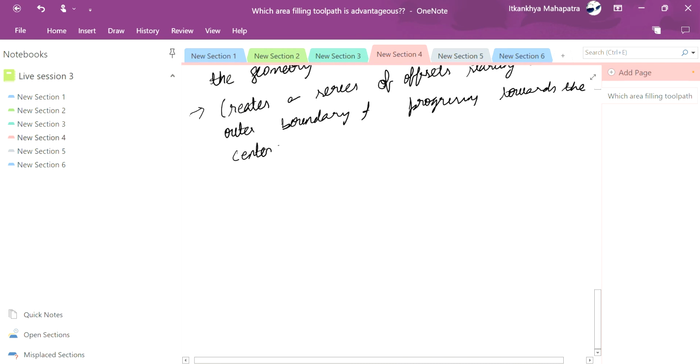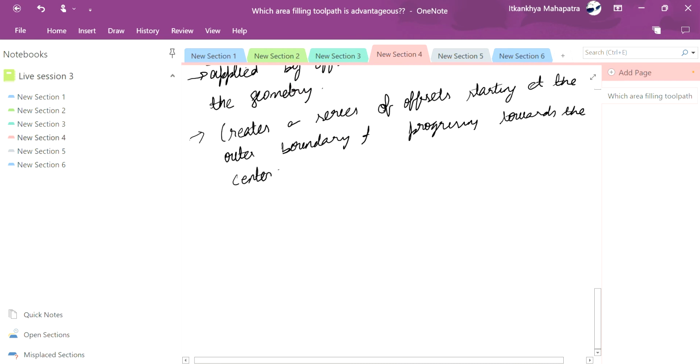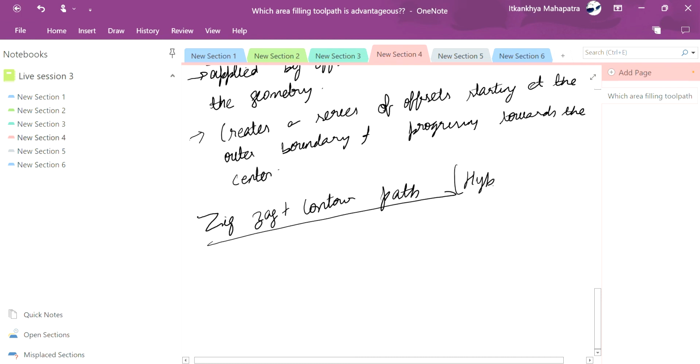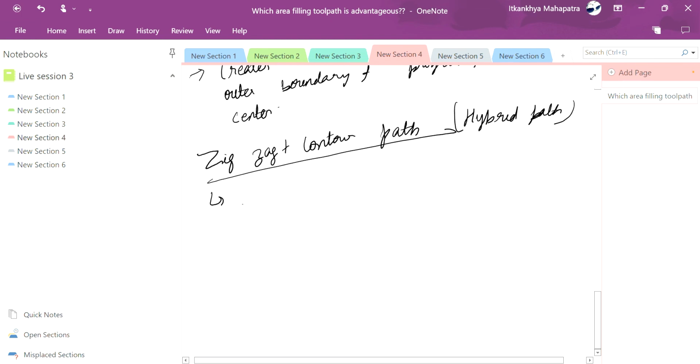Now, the zigzag plus contour path. This is also known as the hybrid path. It is a combination of different approaches for advanced benefits.